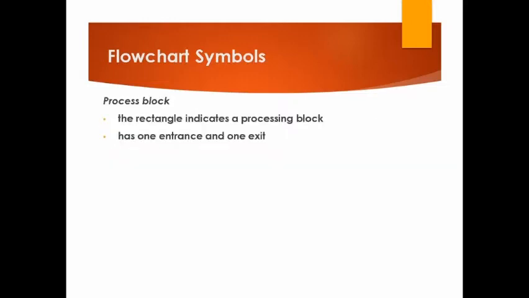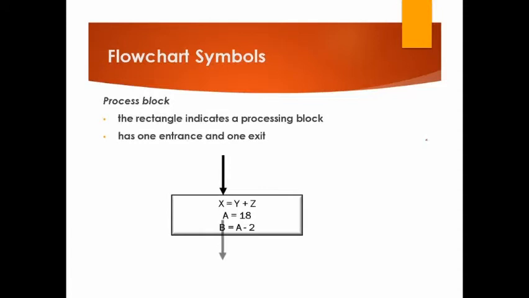Next one, process block. For process block, the rectangle indicates a processing block and has one entrance and one exit. So basically, the process block contains the mathematical operations and all other processing operations that your program needs.